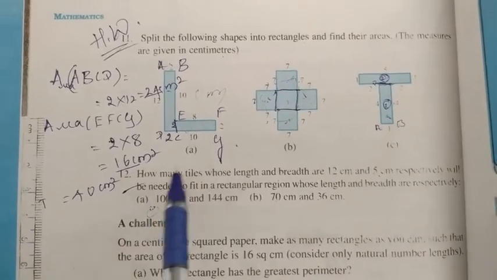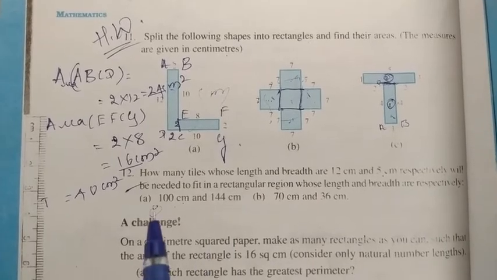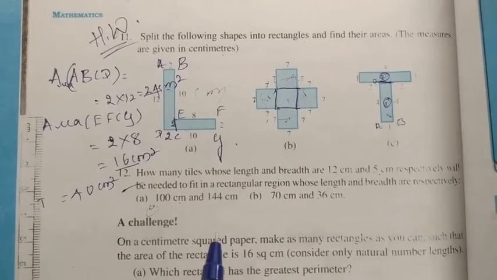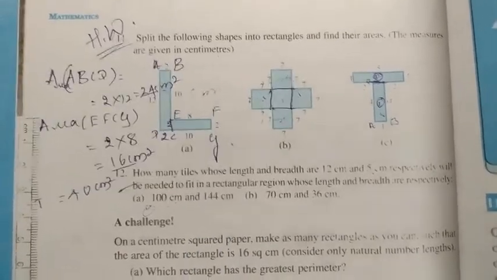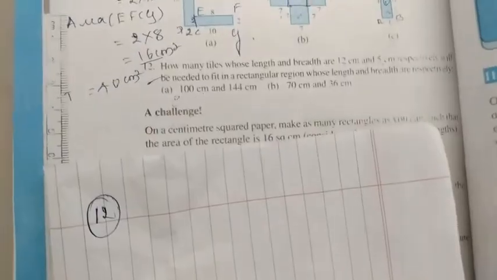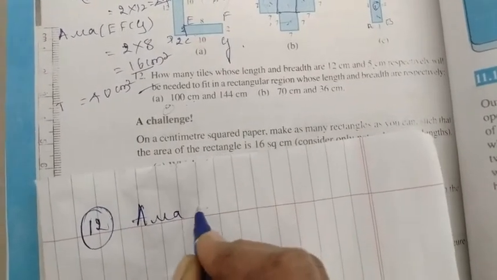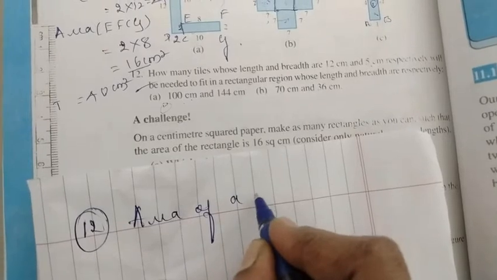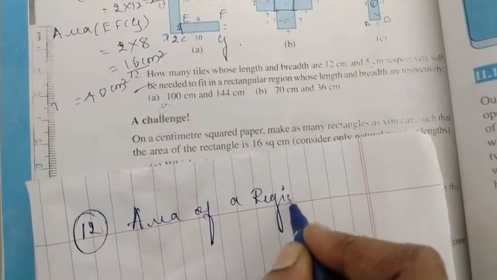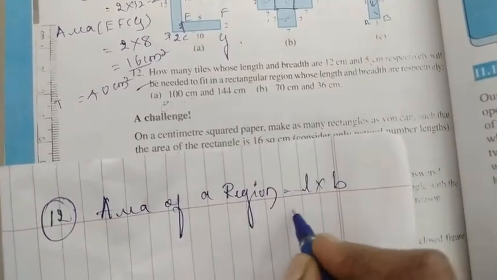Next, how many tiles are required? Lastly, tiles required equal the area of the region divided by the area of a tile. Understand? See here children, first the area of the region. This region is like a rectangle, so length into breadth.